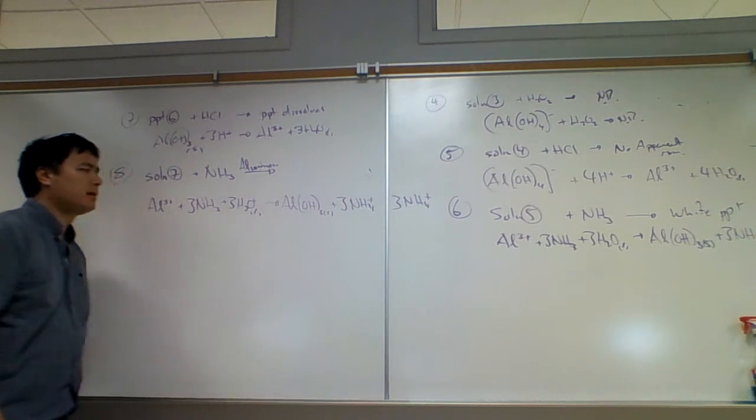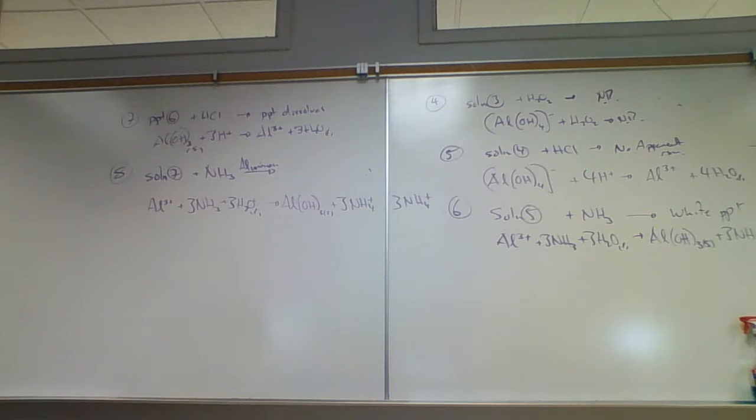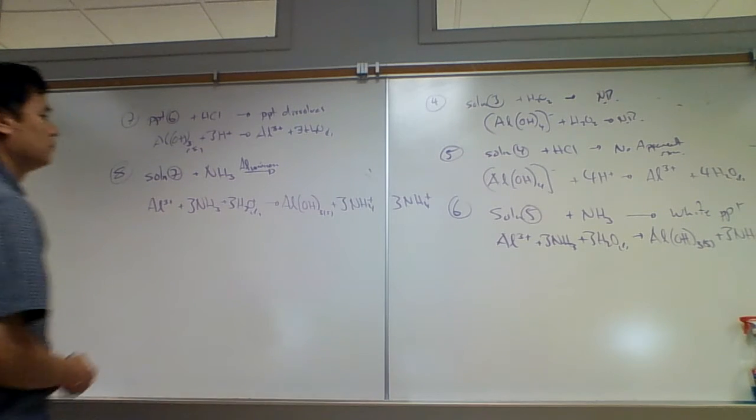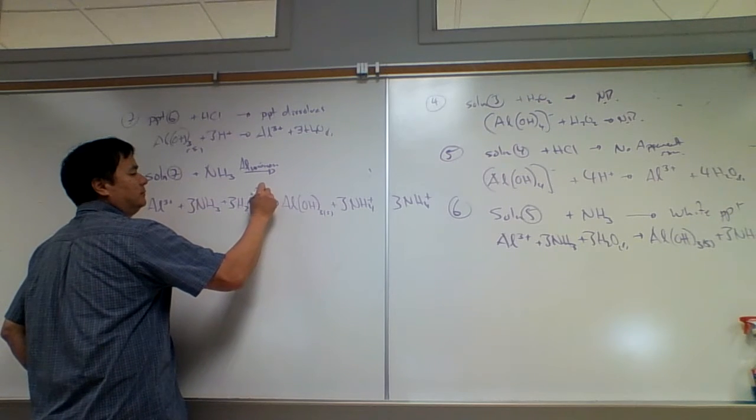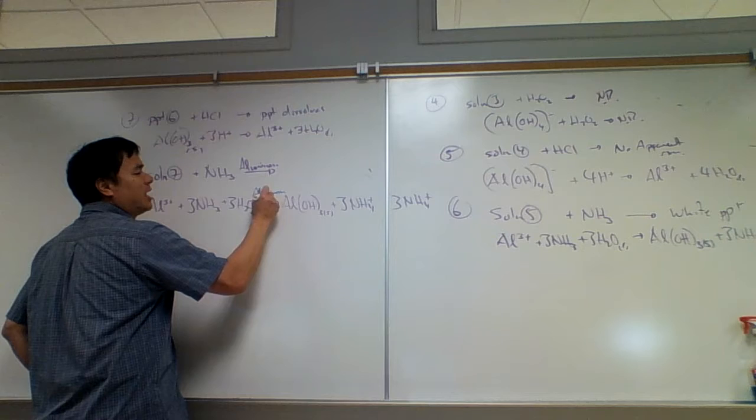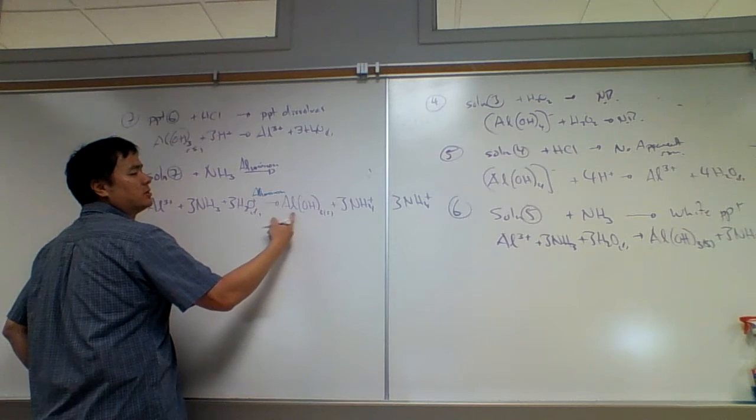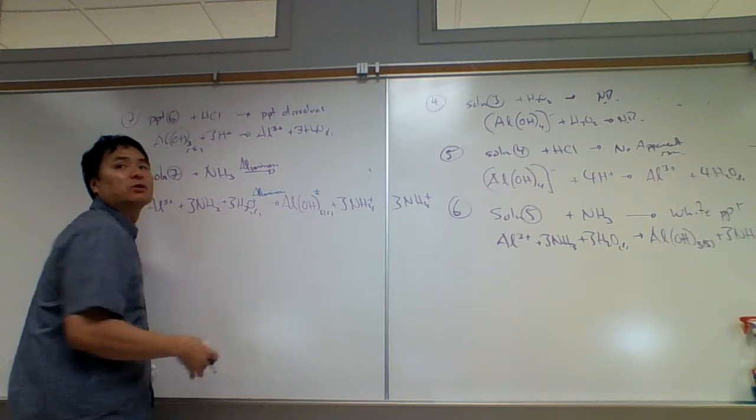Okay. But there's a difference, and that is, what exactly is aluminon? Aluminon is an organic dye, and what happens is this dye gets incorporated in the crystal lattice of aluminum hydroxide as an impurity.